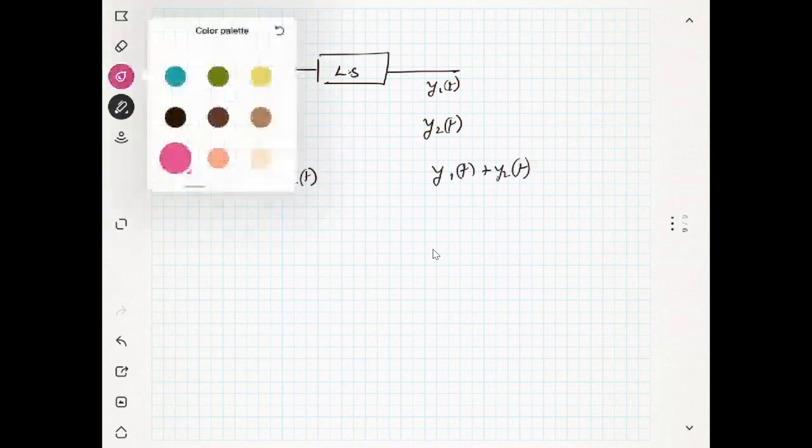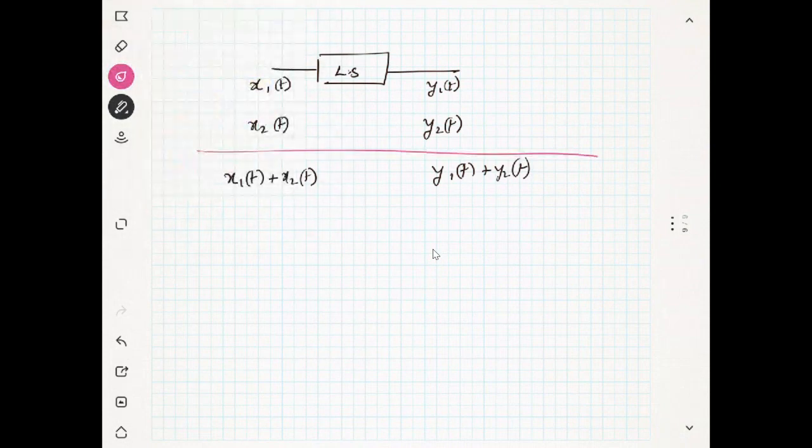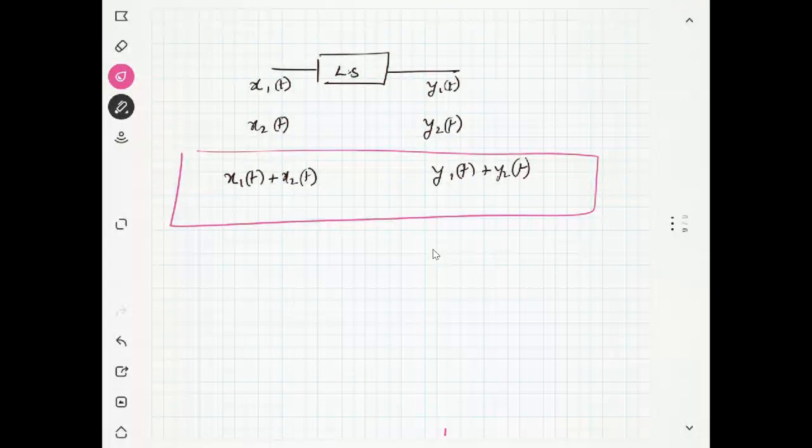Now suppose you want to remove one of the sources. Remove means what? It should be equal to 0. Am I correct? So voltage equal to 0.